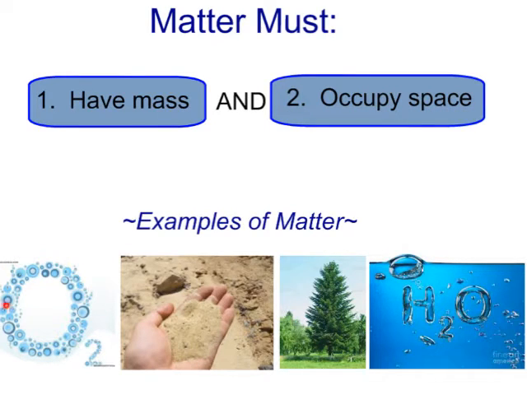And whether or not you think that oxygen is matter, oxygen does have mass and it occupies space. It does not matter how tiny the mass is or how small the space is. Anything that occupies space and has any amount of mass is matter. So oxygen is matter as well.